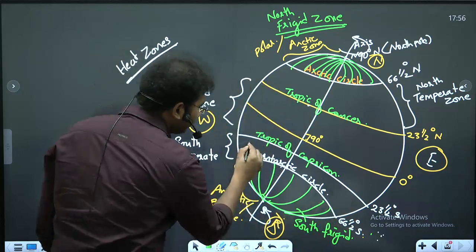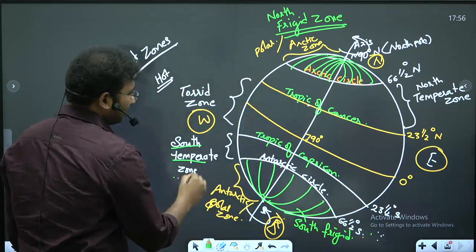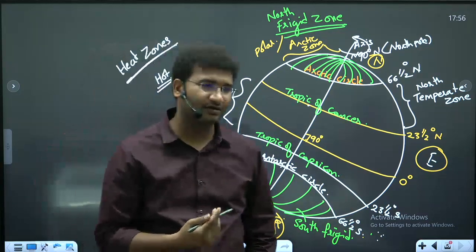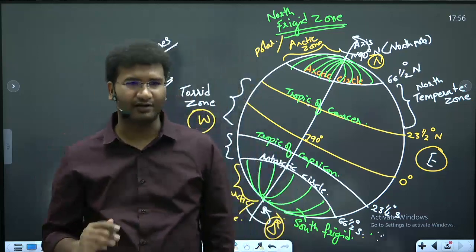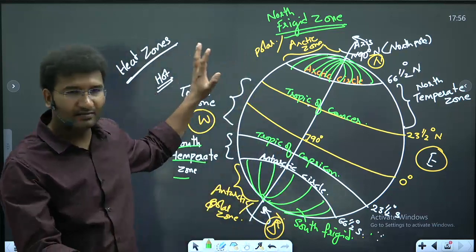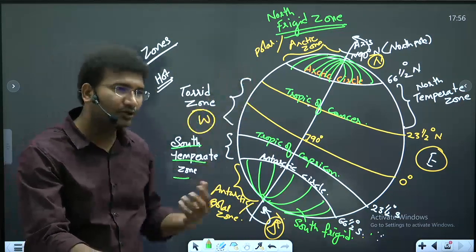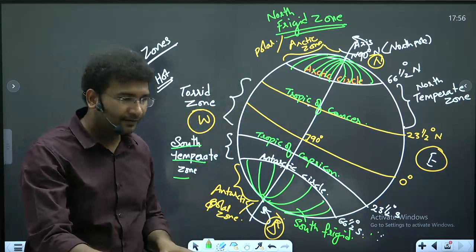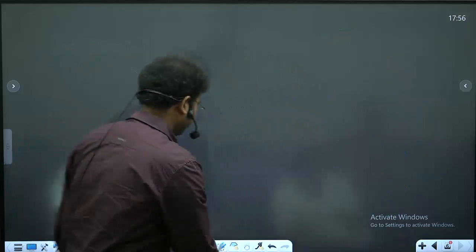This is South temperate. And that is North temperate. North torrid, South torrid. Right? Remember, these are all basics, but in the further time period we are going to use these terms again and again. Clear? Now let's go to longitudes.